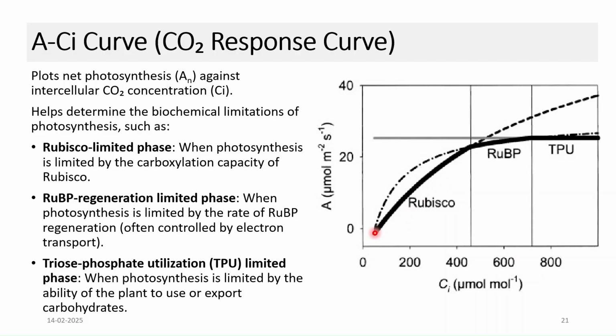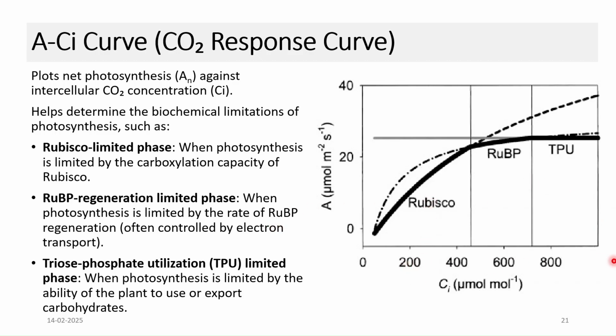At this point the least is Rubisco limited, and at all points until this part of the curve the least is Rubisco limited. From here onwards, RUBP regeneration is the limiting factor, and triose phosphate utilization is the limiting factor in this part of the curve. So this is the significance of the ACI curve.